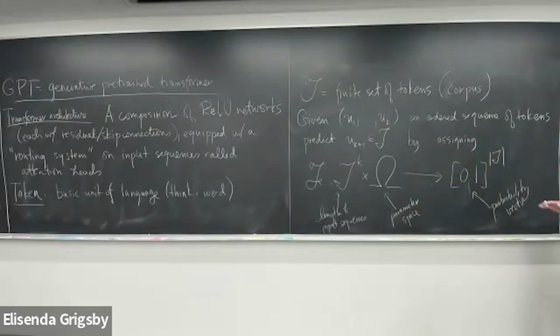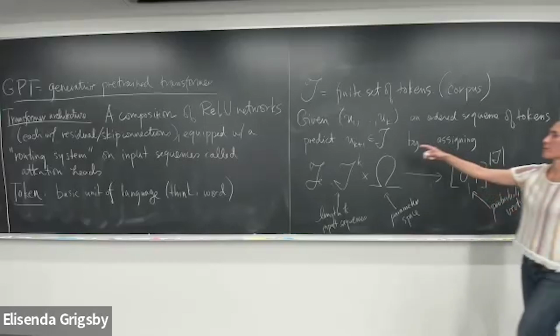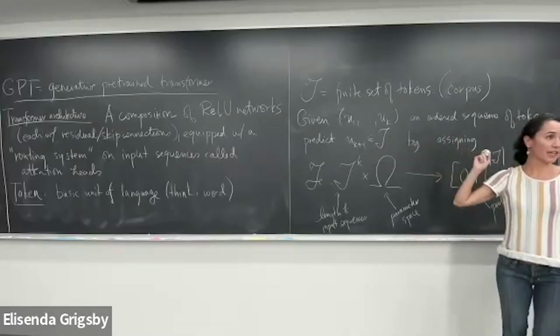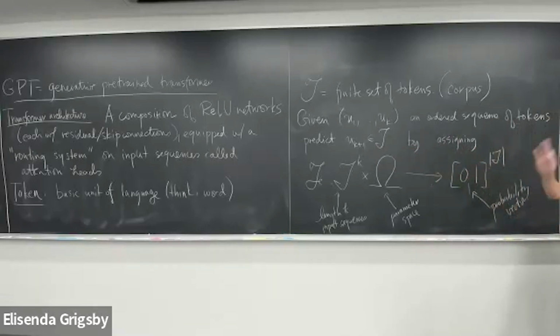Okay, and you now do the standard thing. You train on a huge corpus, a huge collection of strings in your language, where you X out the last token in your string and put that as the label.